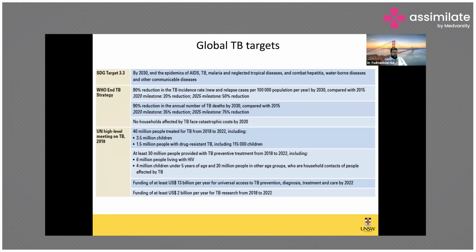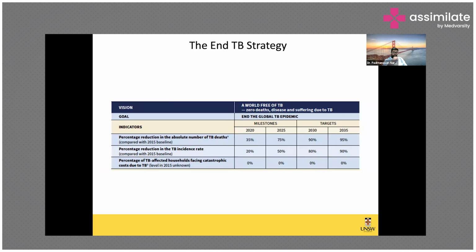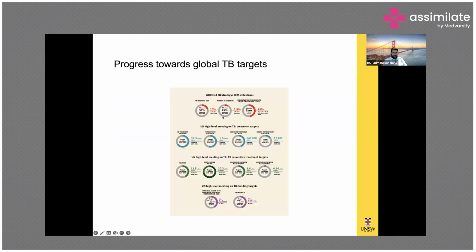They want an 80% reduction in TB incidence rate by 2030 and a 90% reduction in the annual number of TB deaths by 2030. That's the goal they have kept. Have they reached the goal?